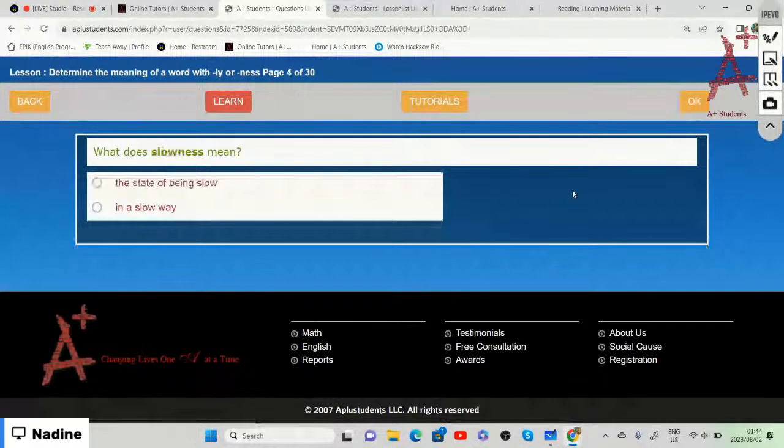And then we have slowness, right? Slowness means either the state of being slow or in a slow way. So with slowness, we can then say it is the state of being slow.